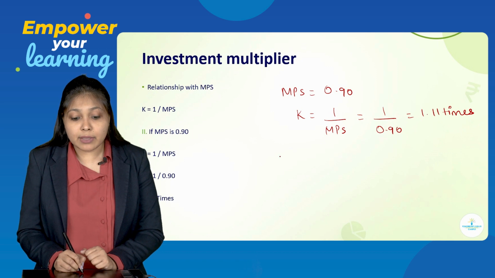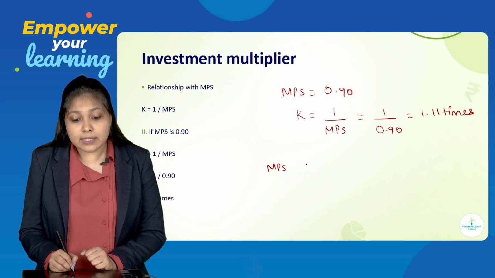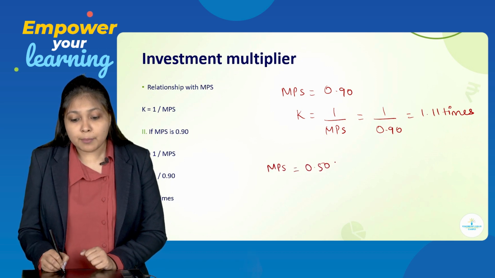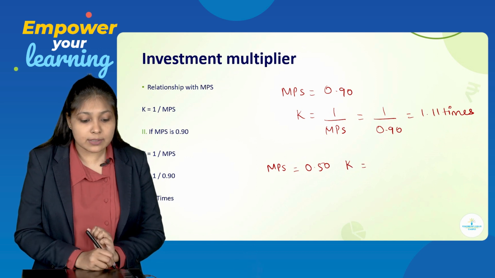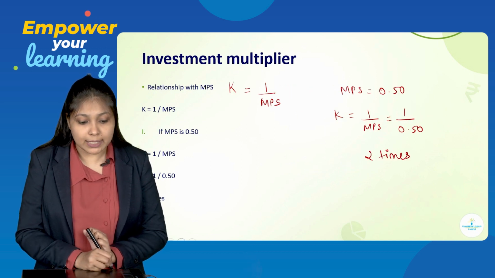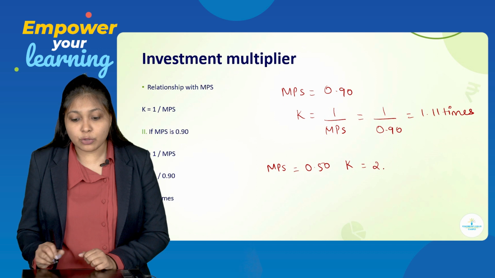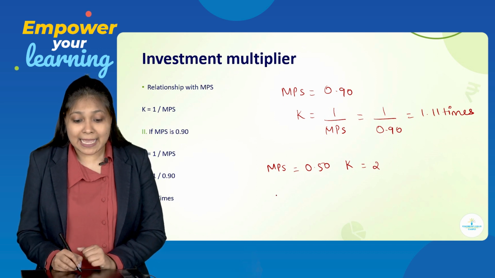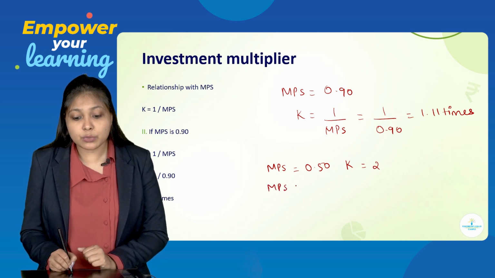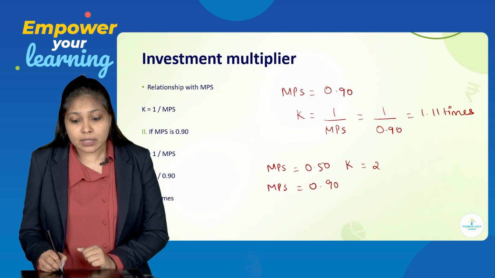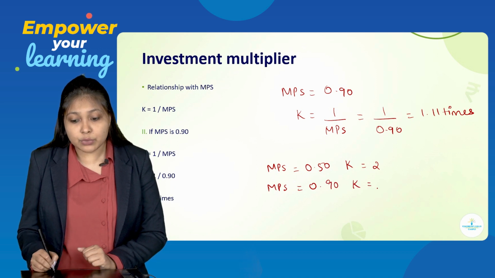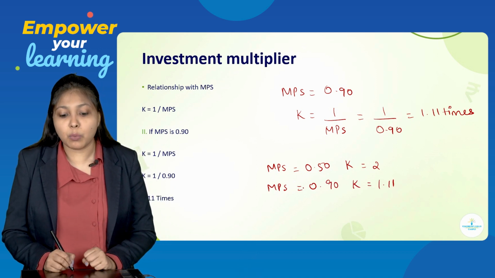So when my MPS was 0.50, my value of K was how much? 2 times. That means the value of K was 2. When my MPS increased to 0.90, the value of K reduced to 1.1.